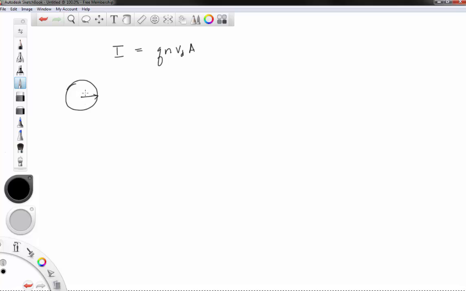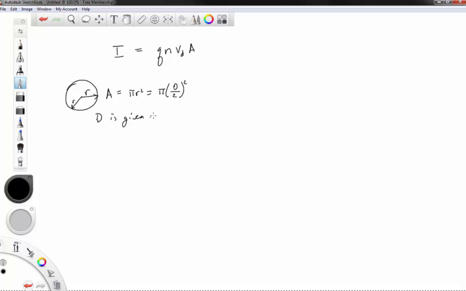It has a radius of r, it has a diameter of d. The area of this wire must be pi r squared, which is the same as pi times (d over 2) squared.